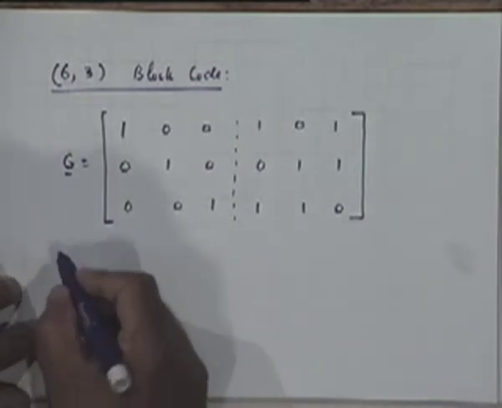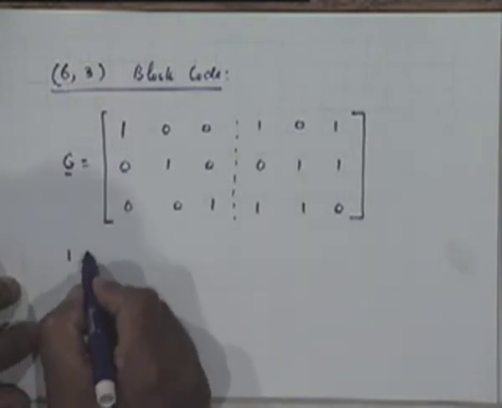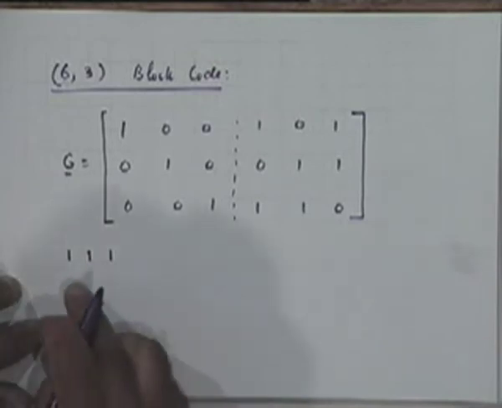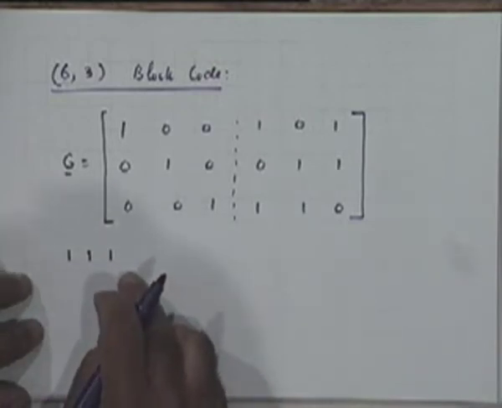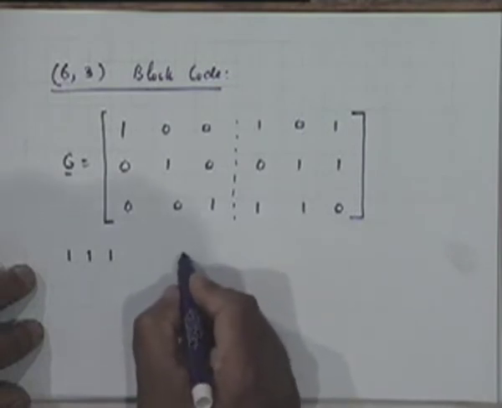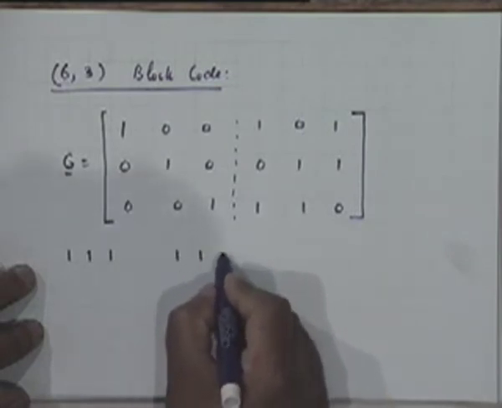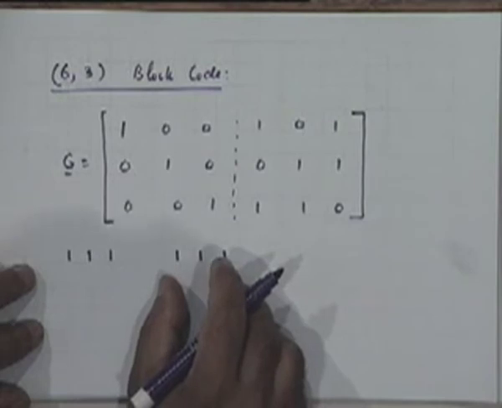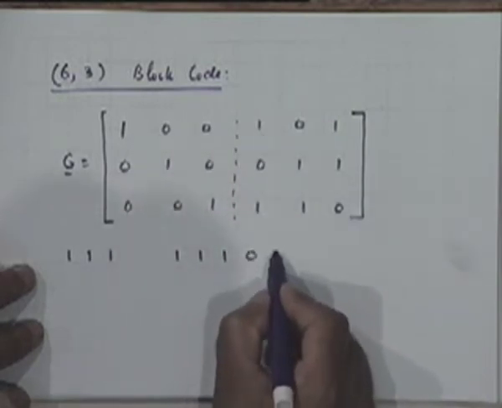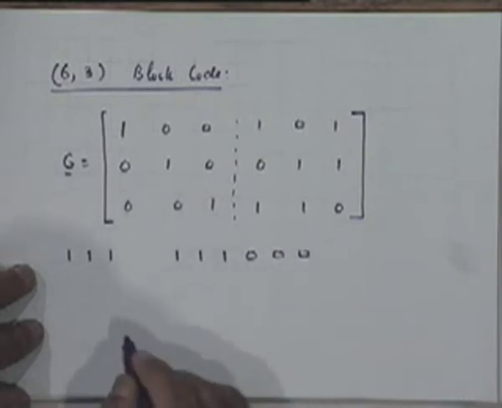You can now generate a mapping of this kind. If the input sequence D1 D2 D3 is 1 1 1, what will be your output code sequence? The first 3 bits are going to be the same, 1 1 1. The next ones are going to be all 0, right?